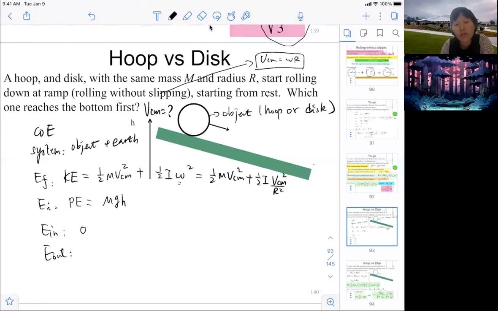So do you think static friction would do work, and would that work be counted into the energy output? Does this static friction do work?